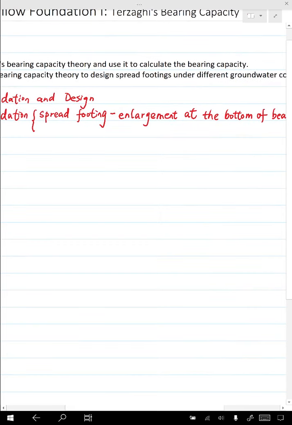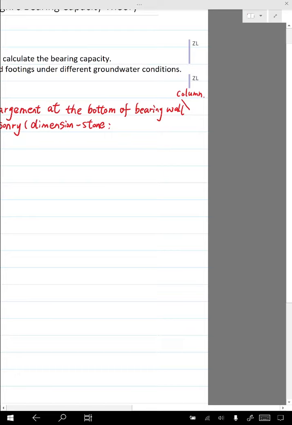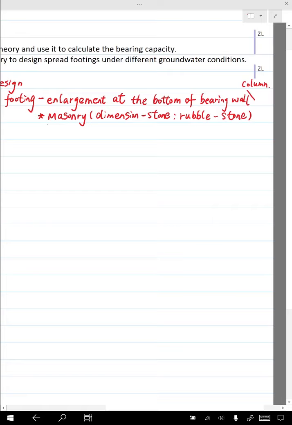In early days, usually the enlargement was masonry. We can use materials like dimension stone, like rubble stone. But in the modern construction industry, now we typically use concrete.